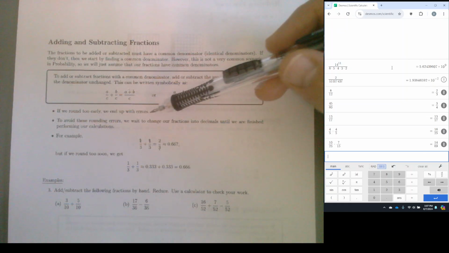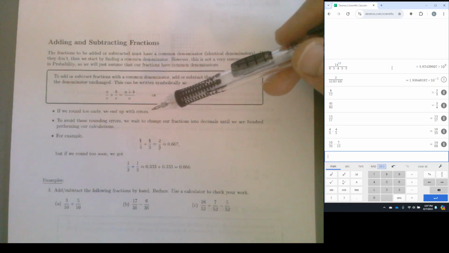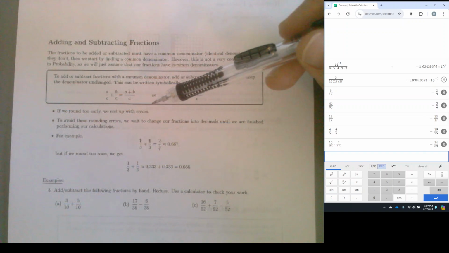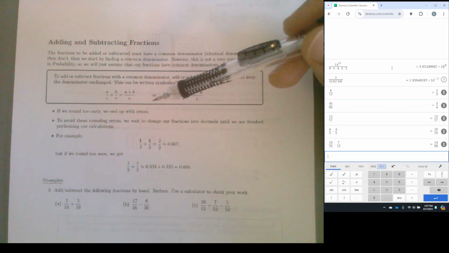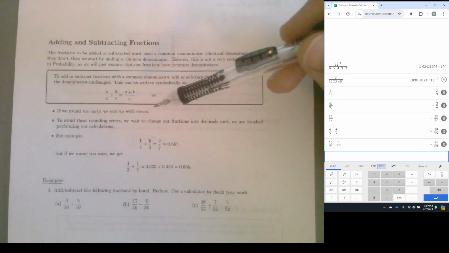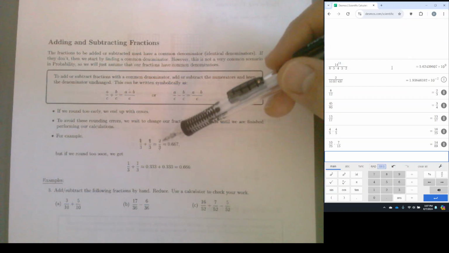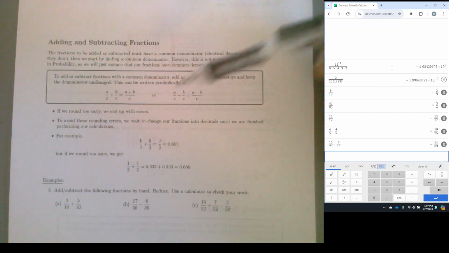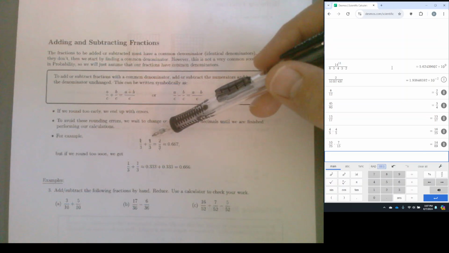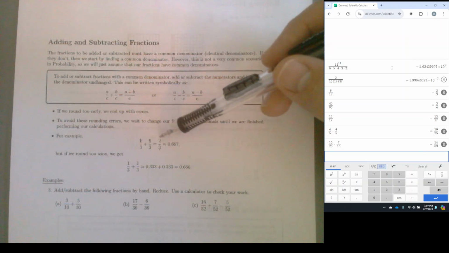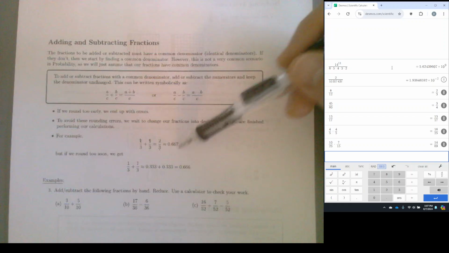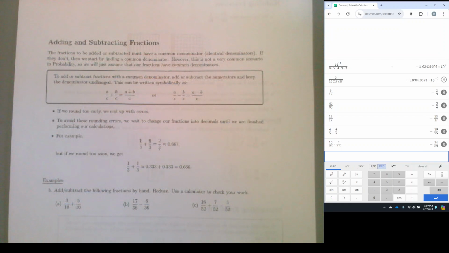One thing to warn you of is that we shouldn't round too early, and this is why we're practicing dealing with fractions rather than just converting them to decimals all the time. Because if you round too early, you could end up with errors. And 1/3 plus 1/3 is a good example of that, right? If I do 1/3 plus 1/3, I know that that should equal 2/3, and 2/3 rounded to 3 decimal places would be 0.667.